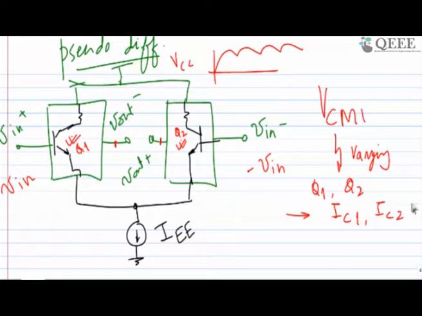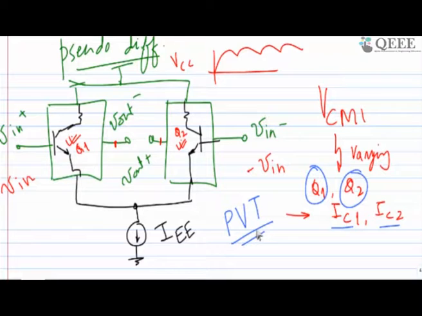Once Q1 and Q2 both are in active mode of operation, there has to be some constant current flowing through IC1 and IC2, and those currents have to be process, voltage and temperature independent. This is what I am expecting.